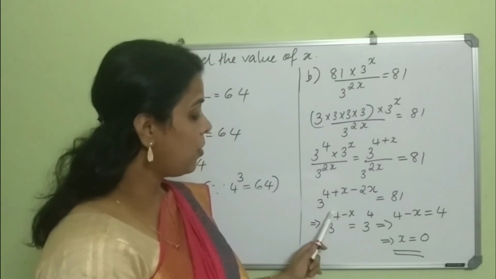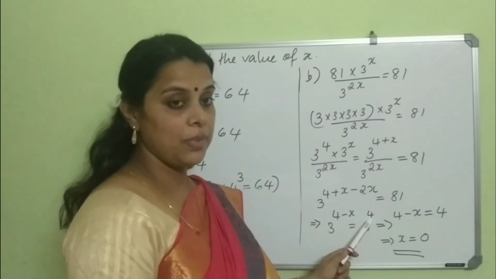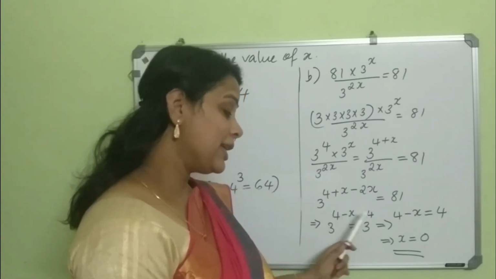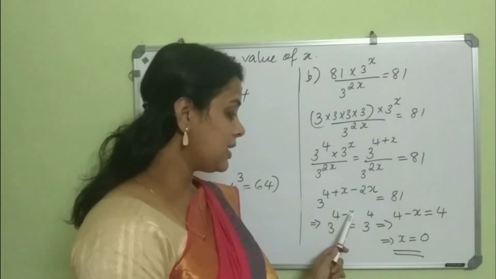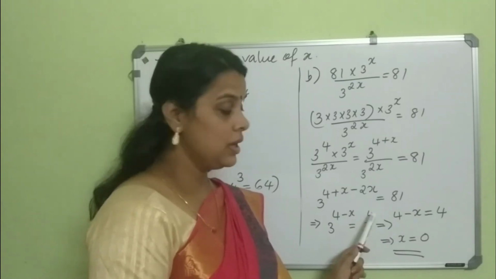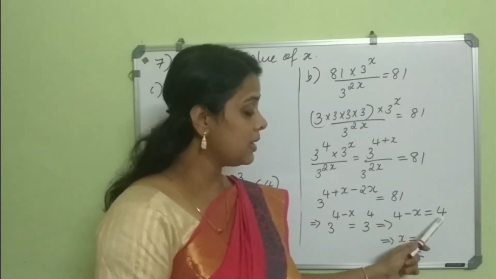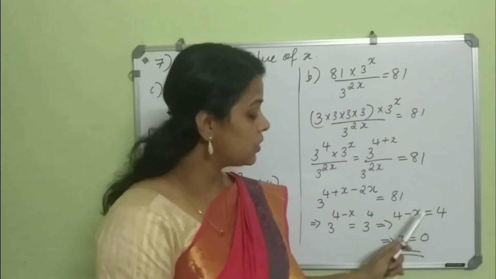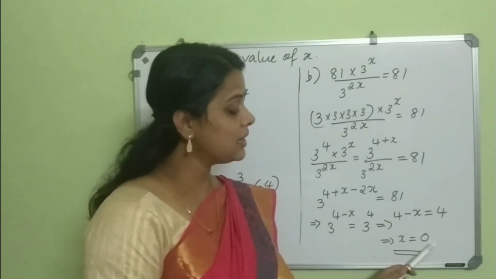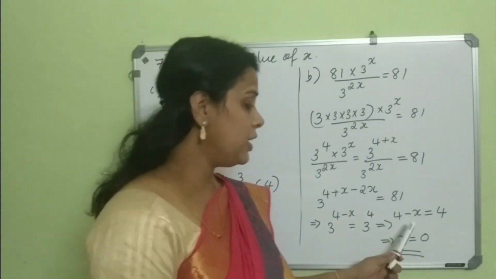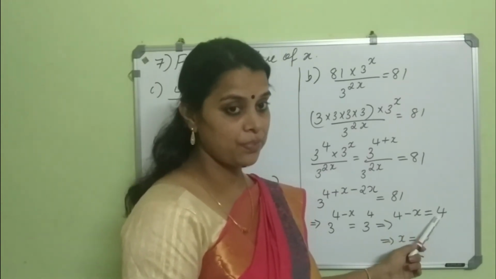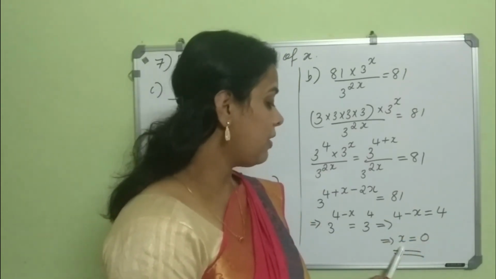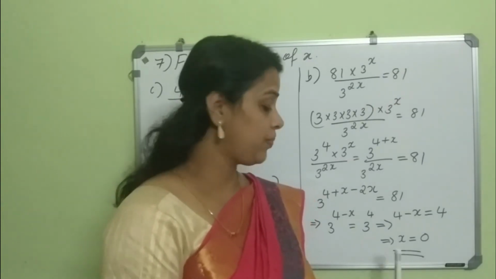So 3 raised to 4 minus x is 3 raised to 4. That means what? The bases are same, so the exponents are equal: 4 minus x is equal to 4. So what is x? x is 0. Apply the value: if x is 0, 4 minus 0 is 4. Understood? So the value of x is 0.